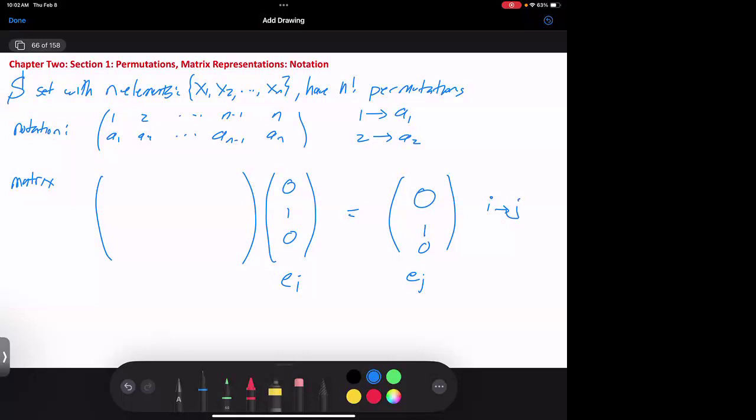Well, the way you do matrix multiplication is you take the row here with the column here, you take the dot product, and that gets you the element here. So it's going to give us information about one of the rows of A. Which row is it going to give us information about? Well, right now I'm just telling you i goes to j.